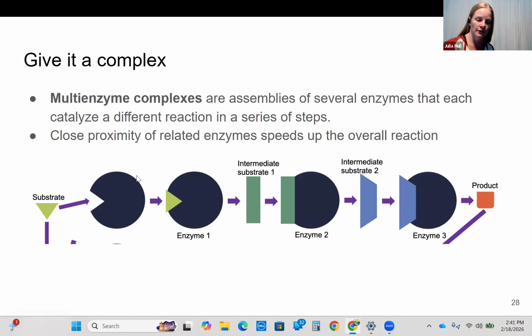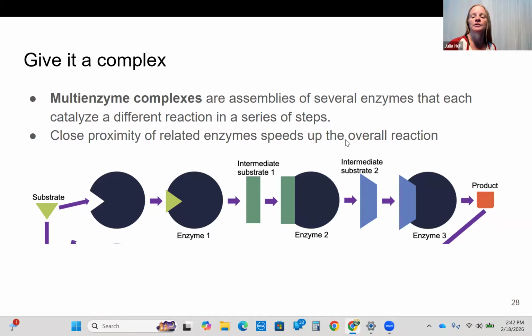All right, so our first enzyme is going to use the substrate of yellow triangle, and its product is going to be green rectangle. Let me say that again. Enzyme 1's substrate is yellow triangle. The substrate for enzyme 2 is green rectangle.